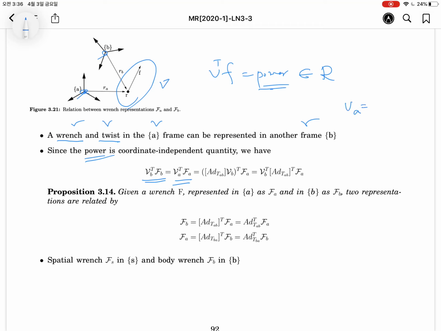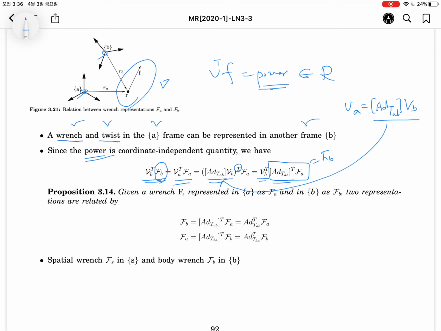We know V_A is equal to V_B. It can be matched using the adjoint map. Do you remember that? T_AB. Okay, this concept is applied to here. By applying the transpose operators, V_B transpose appears on the front side and the adjoint map goes to the latter part. So this part will be equal to F_B.